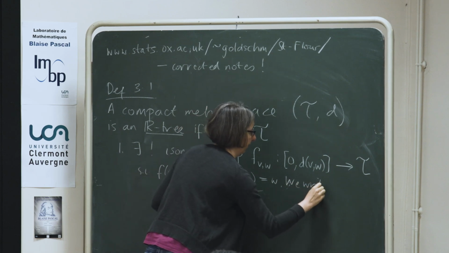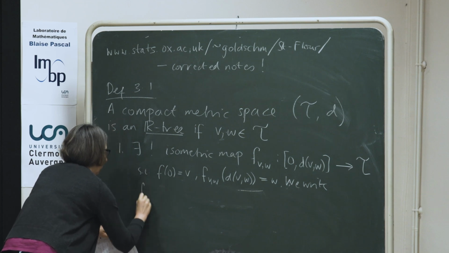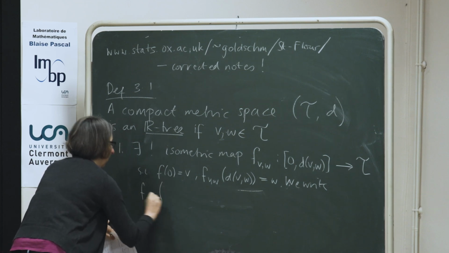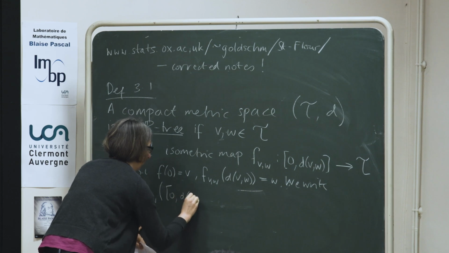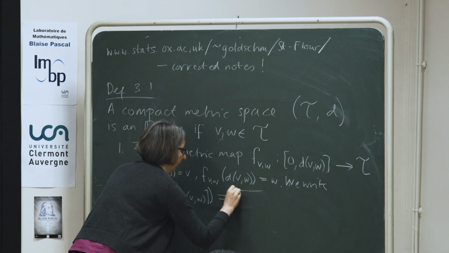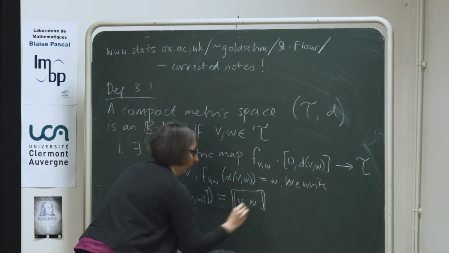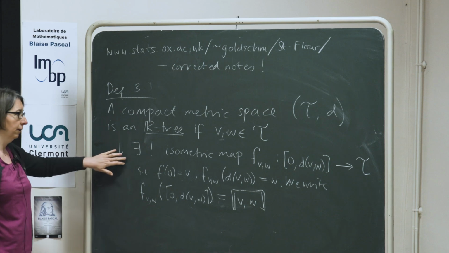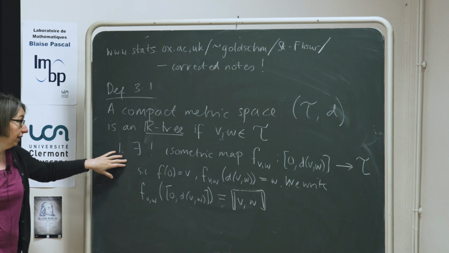So this is going to be a definition. The image under this function f of the interval 0 up to the distance between V and W, we'll write as double brackets interval VW. Let me immediately say what this is saying.